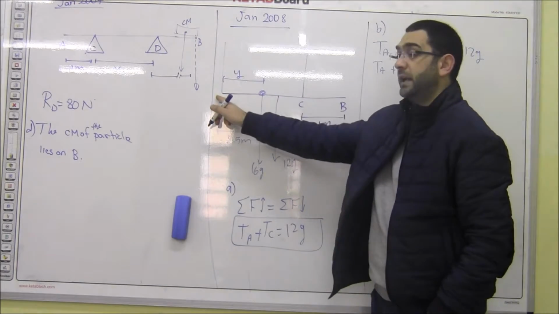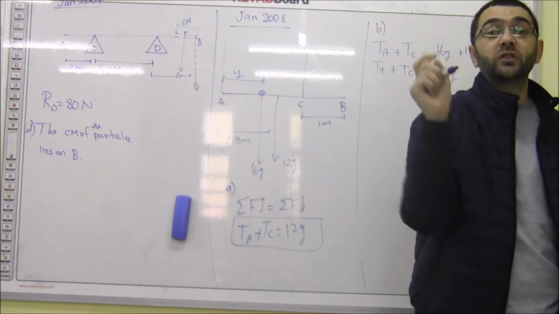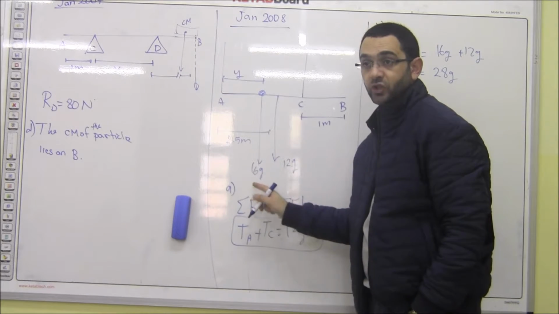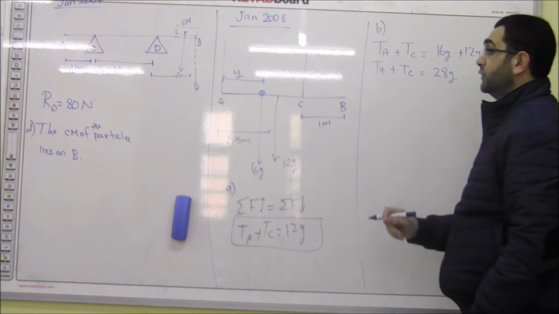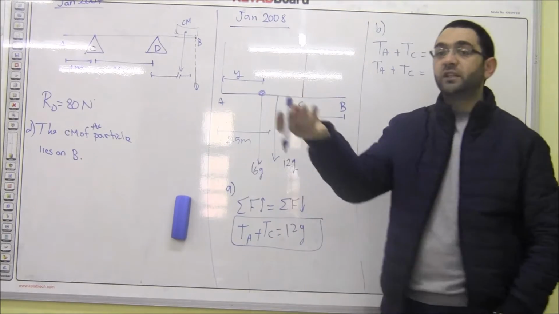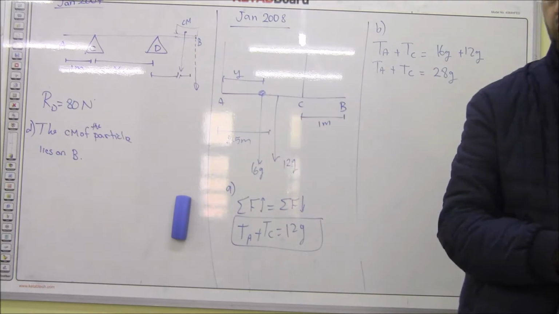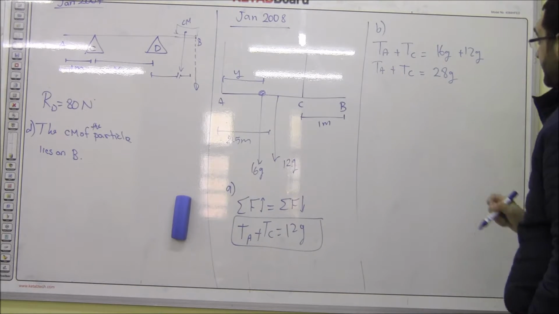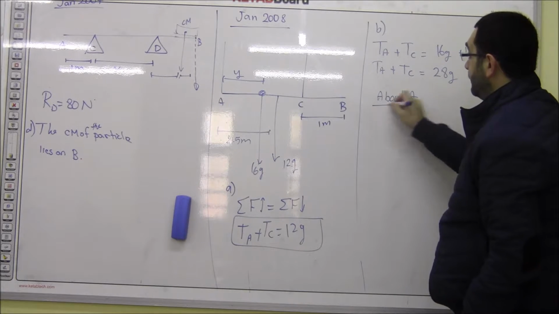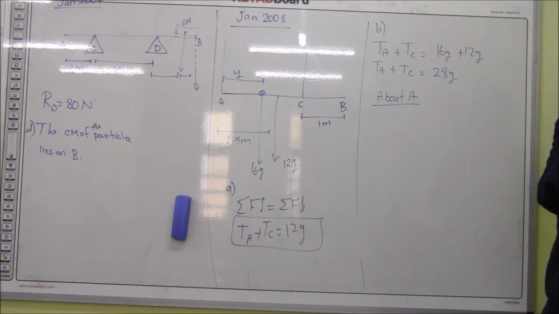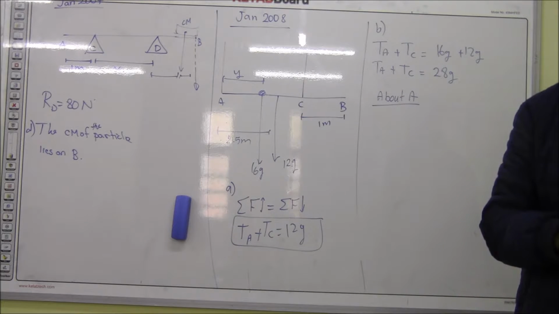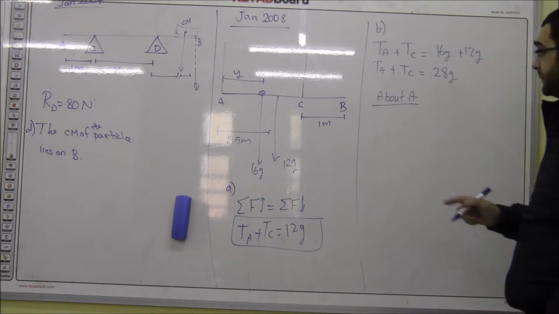You know why A is much better? Because the position of Y is unknown. The second advantage of taking A is that I exclude TA from the calculation, so I will get TC, which is the desired one. So again, if the position of the particle or of the force is unknown on the plank, we have to take one of the ends as pivot.